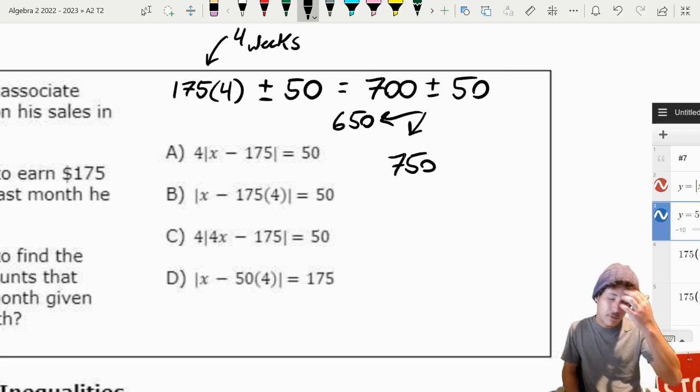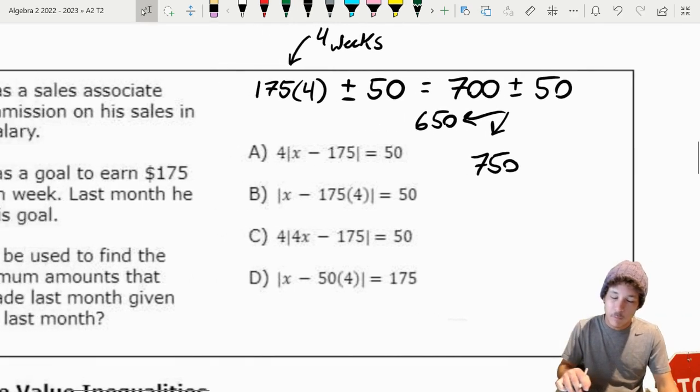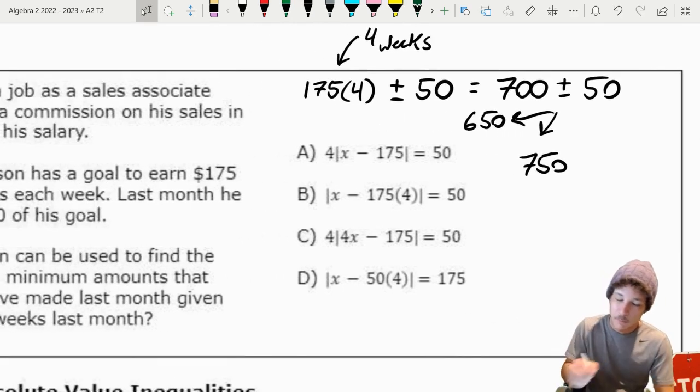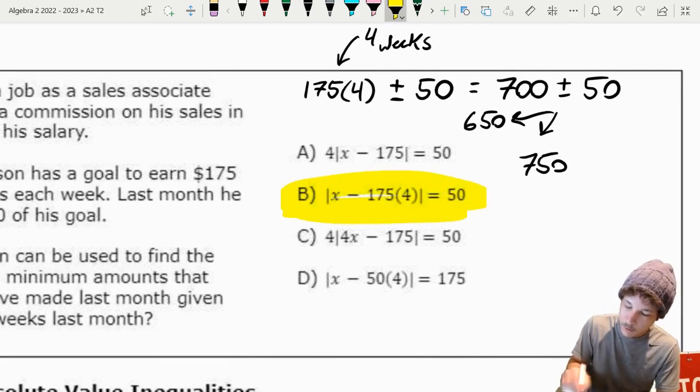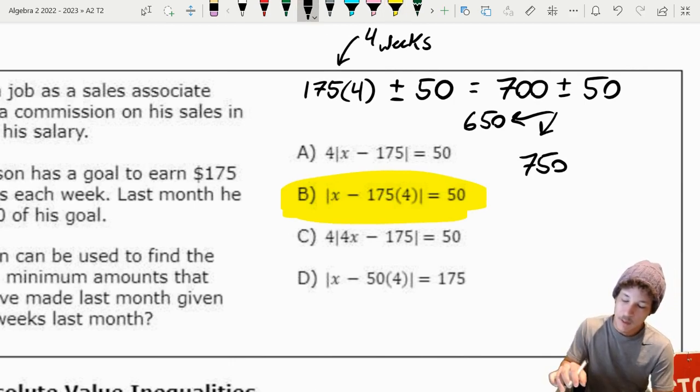So we have these 2 scenarios. We could look at the graph to see how these line up, but since we know that we have to take 175 times 4, this answer choice already looks really good. Just from that alone, you could guess it correct.